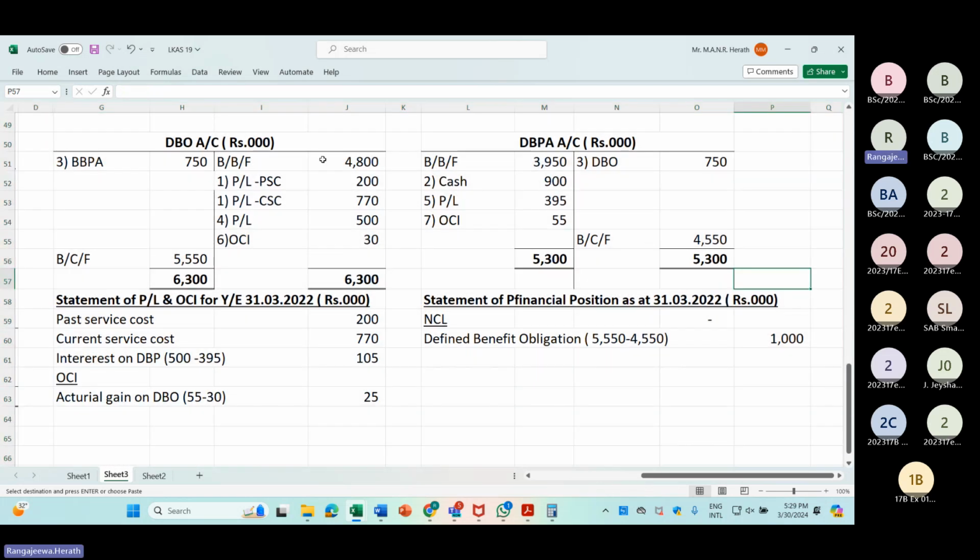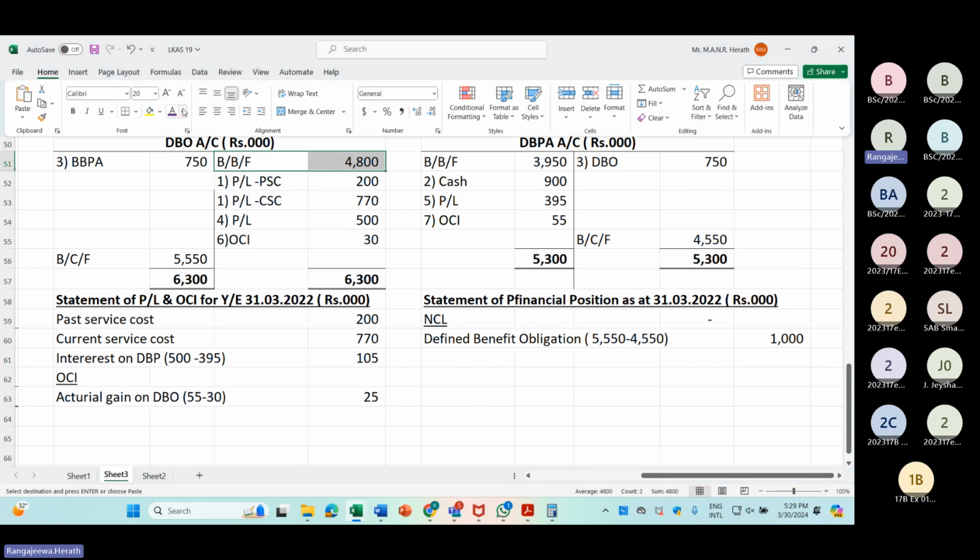Right. Now defined benefit obligation opening balance 4,800. So 4.8 million opening balance.